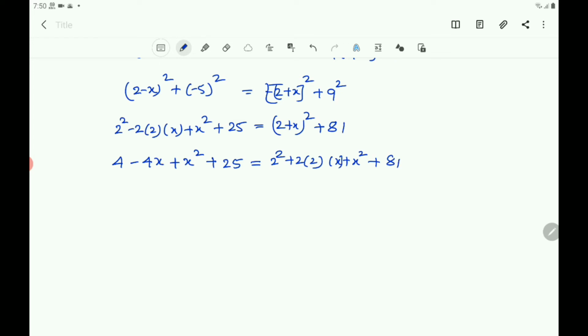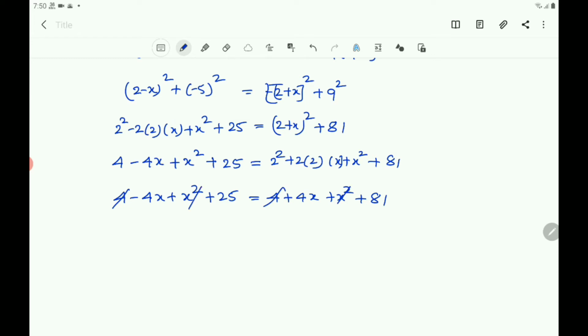Then you will get 4 minus 4x plus x square plus 25 equals 4 plus 4x plus x square plus 81. Now you observe both LHS and RHS. Here 4 cancels and x square cancels.